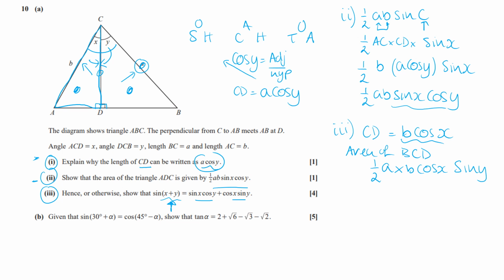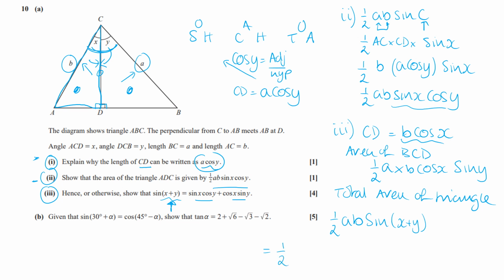And then if we find the total area of the triangle and add them both up, that will be half. Now we're going to use the whole of this angle here, and the two sides either side of that included angle are going to be A and B, so that will be half AB sine of X plus Y, and equate that to the two things that we've just added up separately, the two triangles either side.